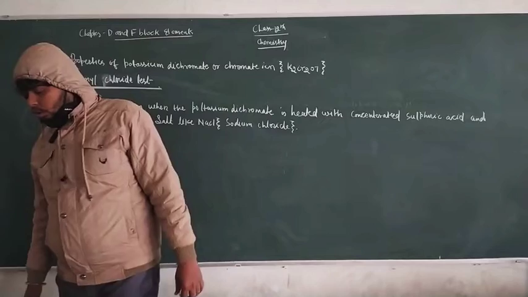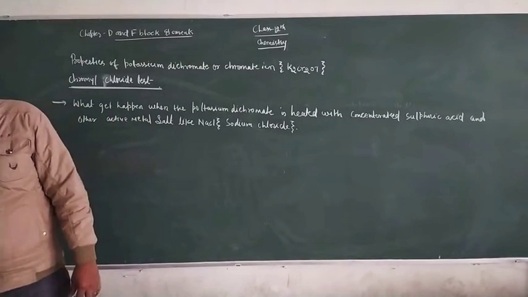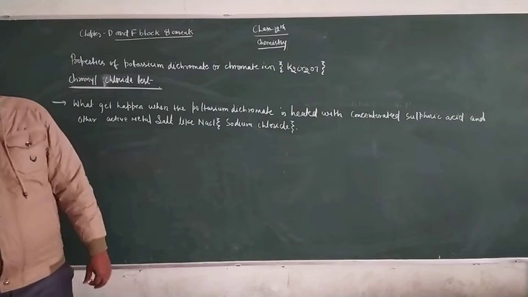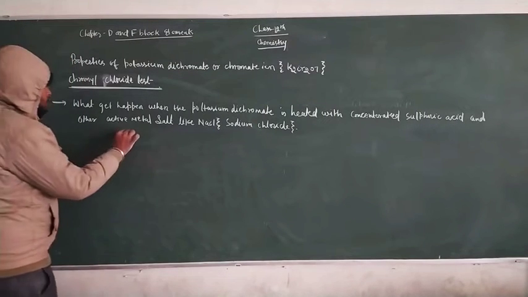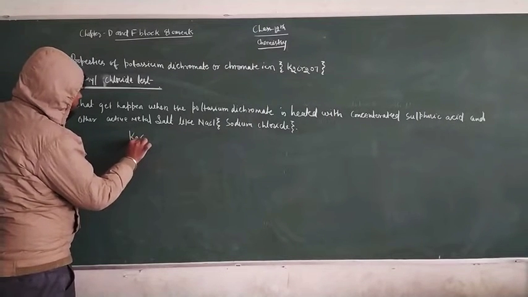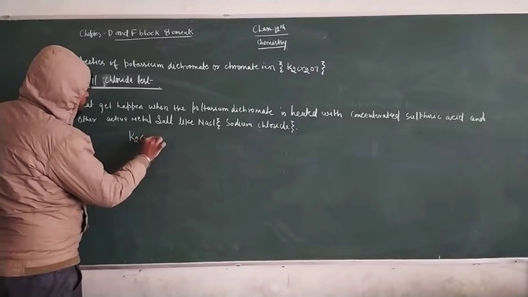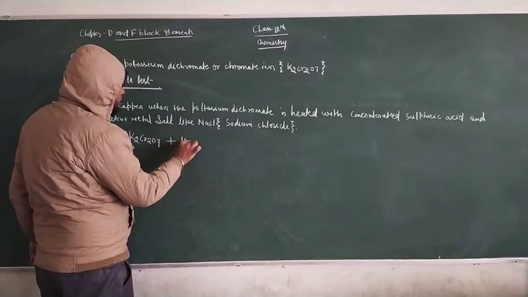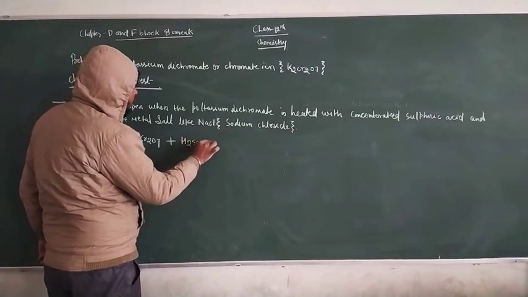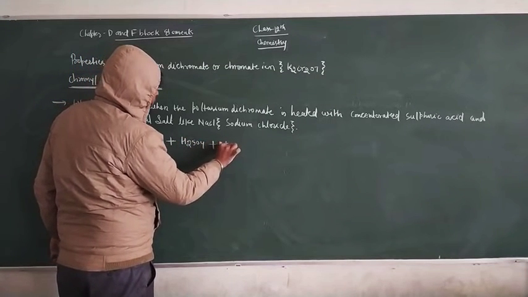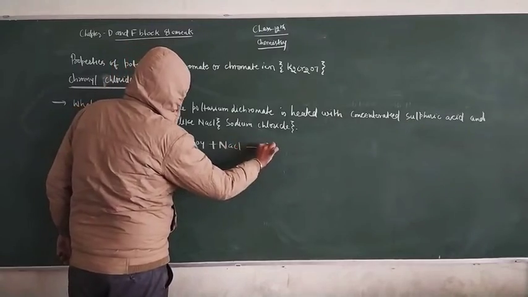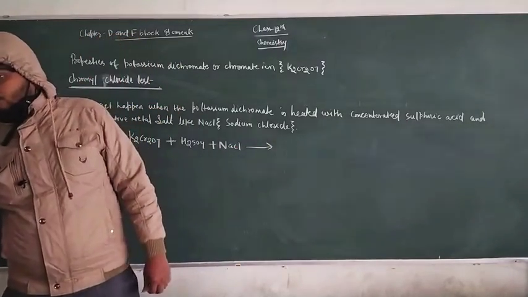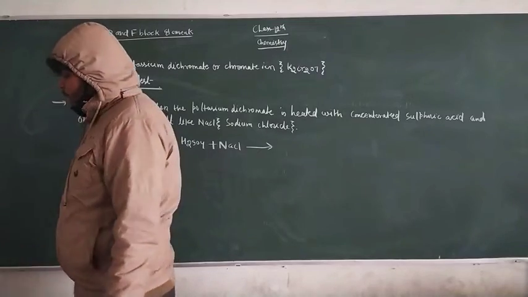The reaction is K2Cr2O7 plus H2SO4 plus NaCl. So these are our reactants, guys, and now the products.